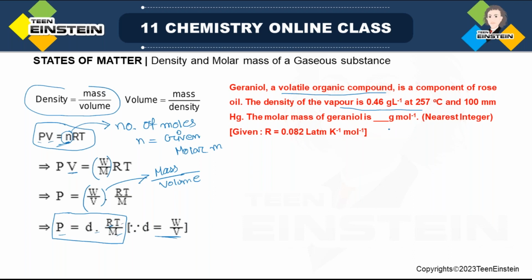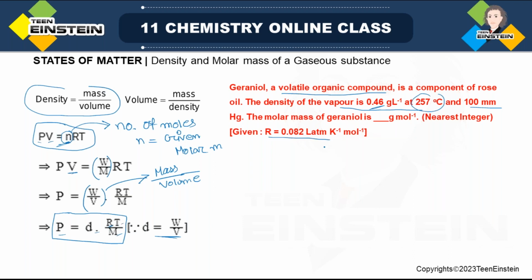So look at the unit. Density is mass by volume, so the unit is gram per liter. And temperature is also given, which is 257 degrees centigrade. Pressure is given as 100 millimeter mercury. From this information, we have to find out the molar mass of this organic compound.